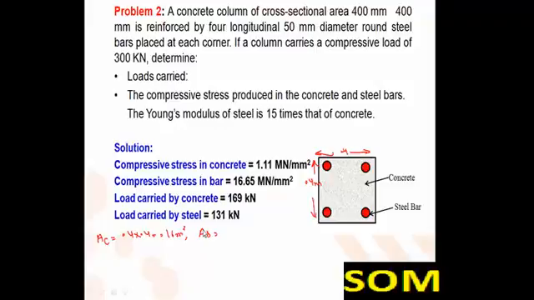It is reinforced by 4 longitudinal 50 mm diameter round steel bars placed at each corner. So the area of each steel bar is pi by 4 d square. The number of bars is 4, so 4 into pi by 4 into 0.05 squared. This value comes out to be 0.00785 meter square.